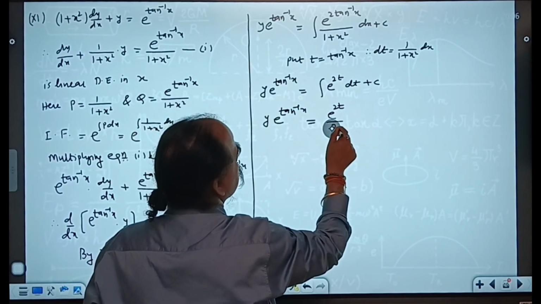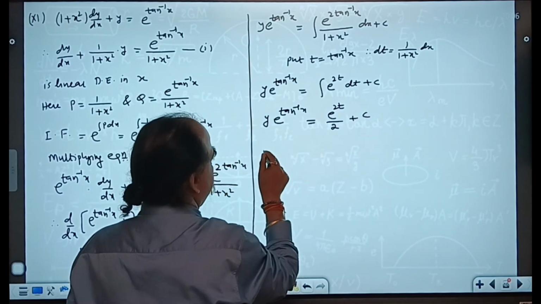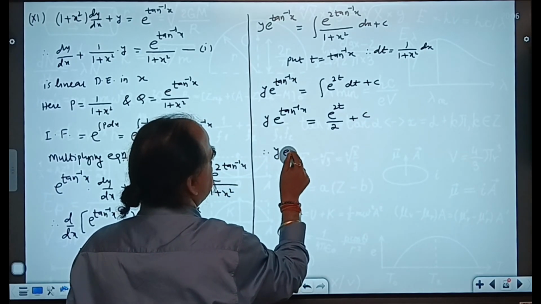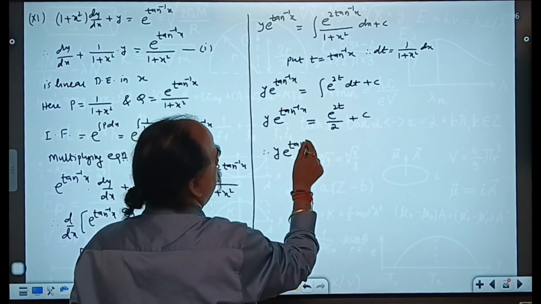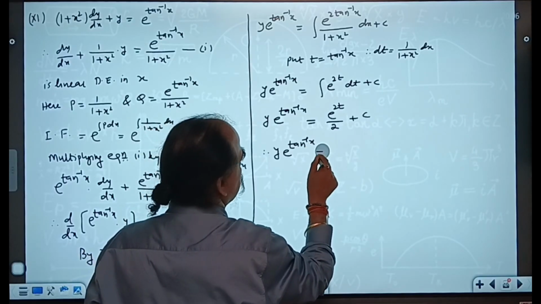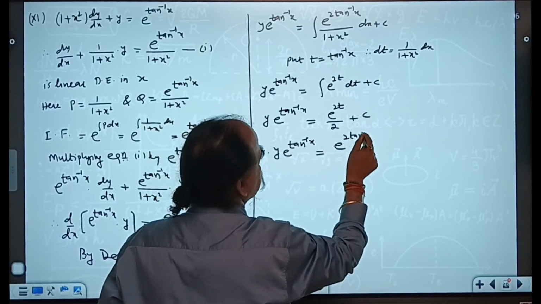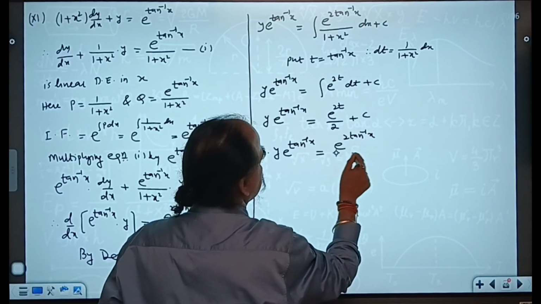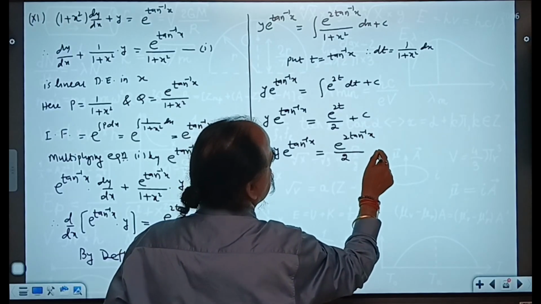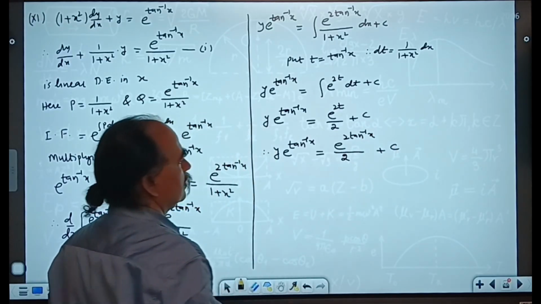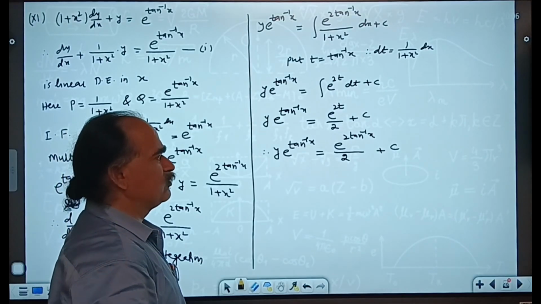e raised to 2t upon 2, e raised to 2 tan inverse x. We can divide by e raised to tan inverse x.